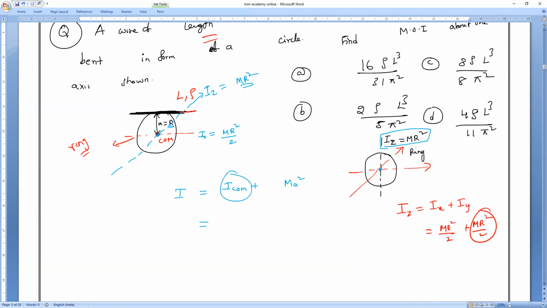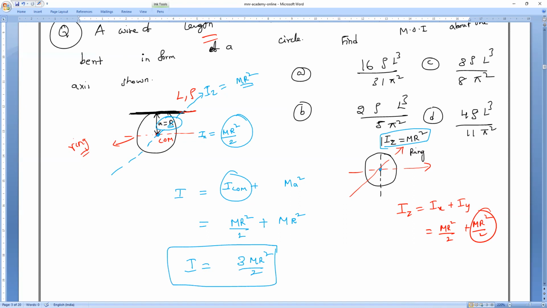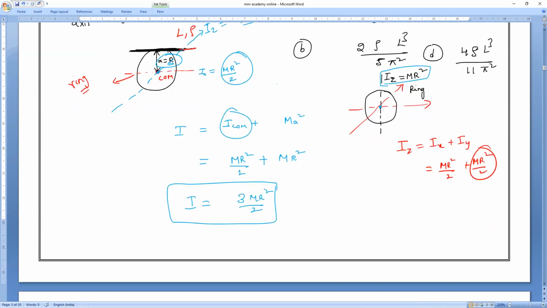The moment of inertia about the center of mass is M R squared by 2, plus M, and a equals R, so M R squared. So I equals 3 M R squared by 2. Anybody having any doubt till here, you can ask me. I hope you all understand. Clear?